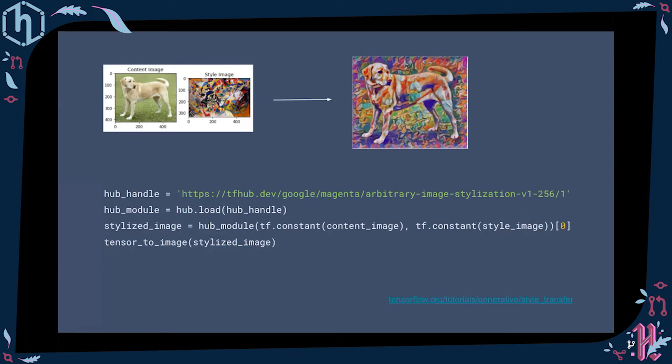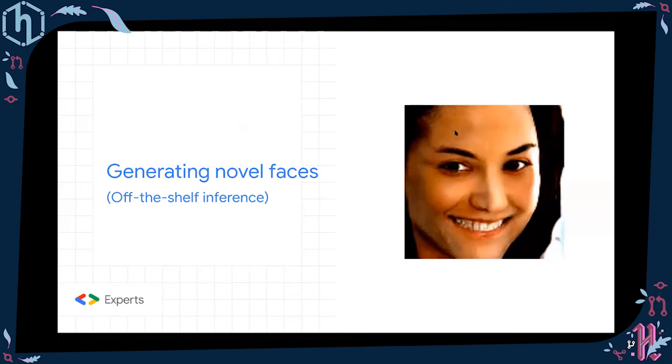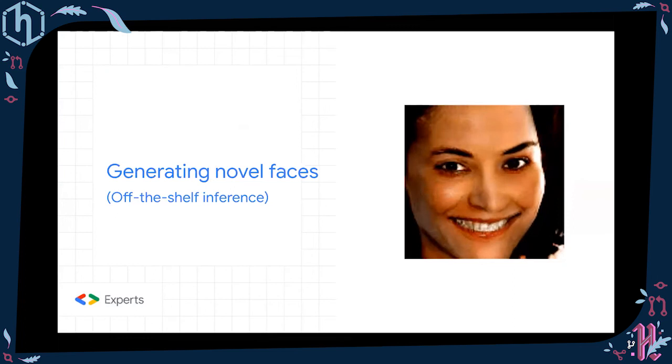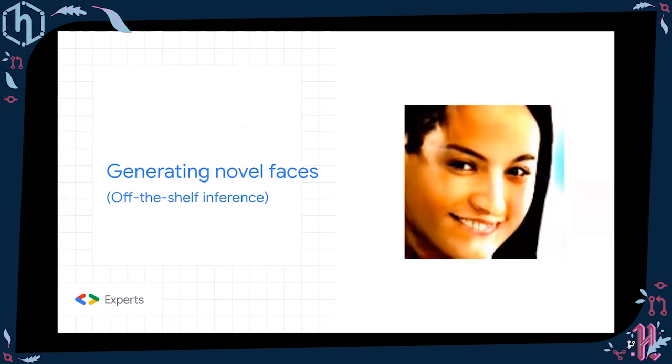That is the image of this dog in this case. So after you run these 4 lines of code, you would end up with an image like this. Pretty cool, right?